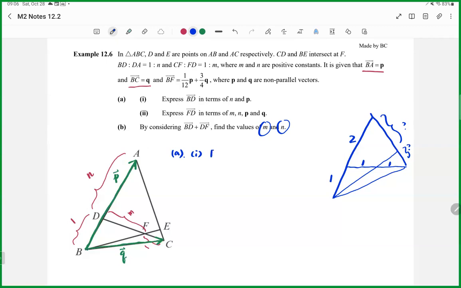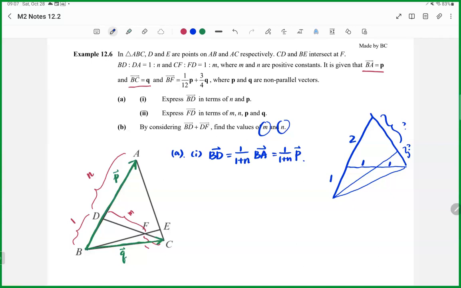So BD is easy, because BD is parallel to BA. So that is BA divided by 1 plus N, so that is 1 over 1 plus N P. You're done.